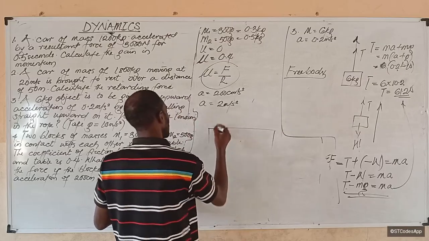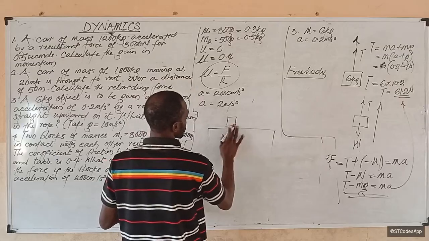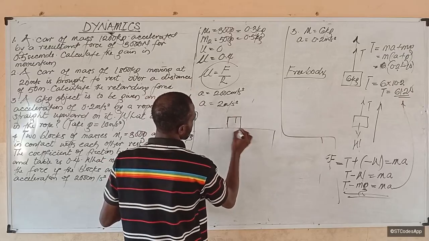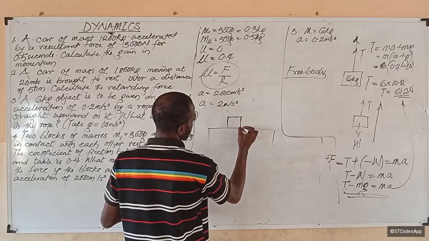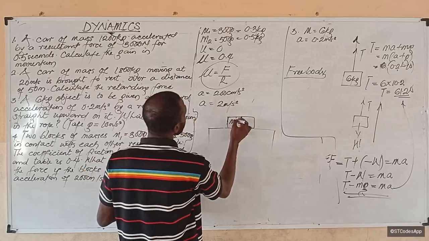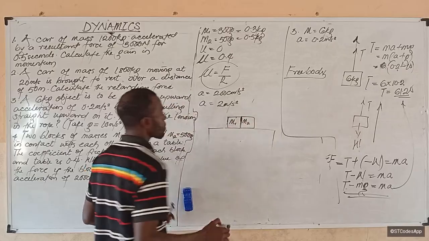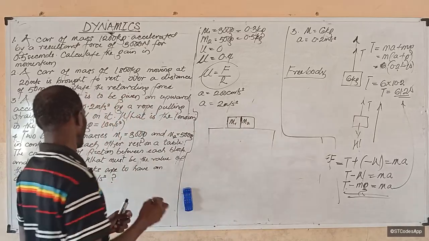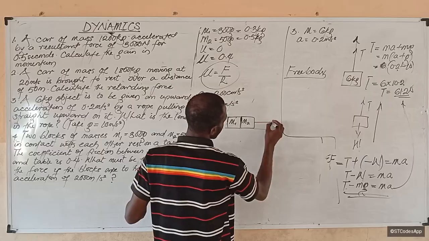So this is our table. There are two blocks, and they are in contact with each other. So block 1 has M1, block 2 has M2. Now, if they must accelerate, let's say the force is acting towards here.